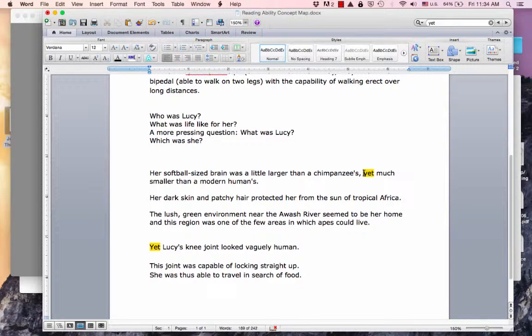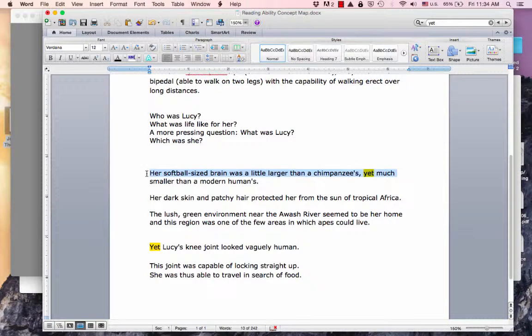Well, it seems that the function, if we're going to use Schleppegrell's term, of "yet" phrases is that it is providing information that is exceptional, somewhat surprising, or contrary to a belief that is set up before.